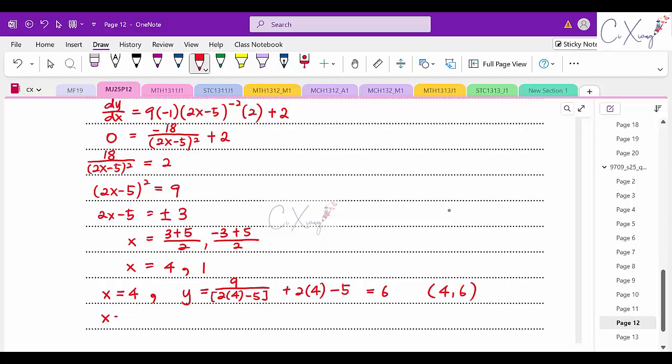After that, substitute x equals to 1 also. You'll be having y equals to 9 over (2 times 1 minus 5), plus 2 times 1 minus 5. Okay, so from here, if you try to simplify it by right, you will be having negative 6. So (1, -6) will be the other stationary point. Okay, so this is how we find the stationary points for the curve.